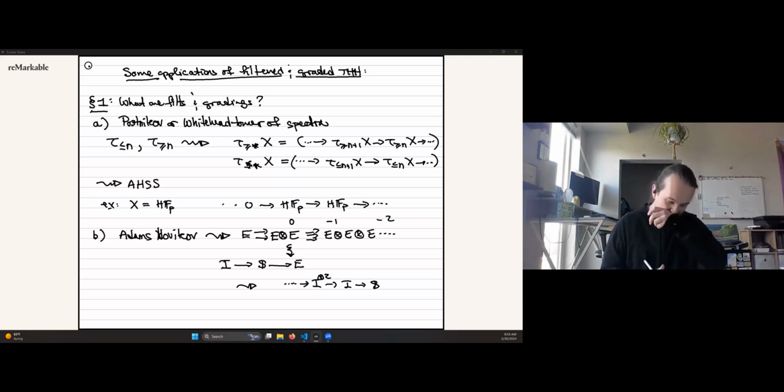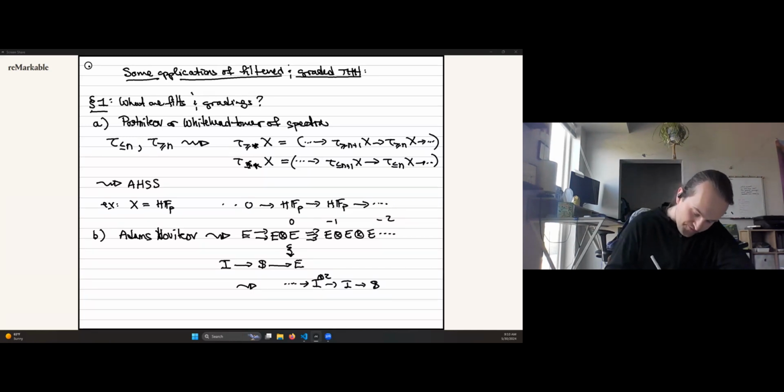These days you can do Adams-Novikov in a quicker way, where you take this gadget, and then you take the limit over the connective cover of this cobar construction, or I guess 2 star, and maybe I'll say MU to be concrete.